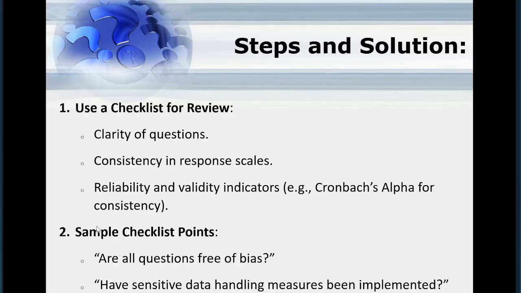Now, sample checklist points can be: are all questions free of bias? Have sensitive data handling measures been implemented? So, a thoughtful review ensures the questionnaire meets publication standards, enhancing data quality and adherence to academic rigor.